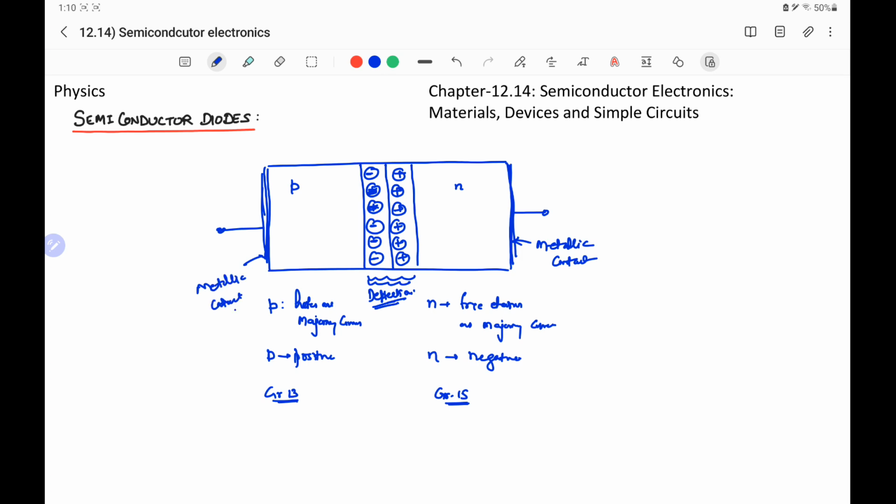If we have to show the semiconductor diode in the circuit, drawing this figure becomes cumbersome. So we use a symbol for the semiconductor diode, as drawn in the figure. The triangular region is the P region, while the flat vertical line is the N region, and the direction of the triangle gives the direction of current.